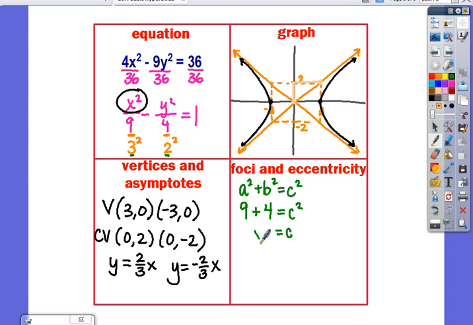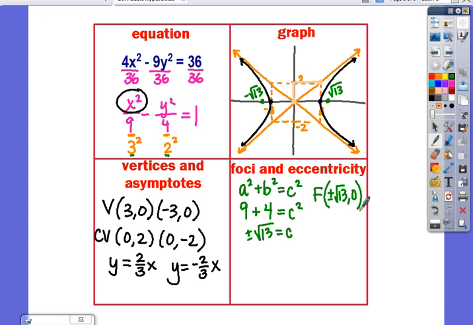C is going to be the square root of 13, which is 3 point something. So you're going to go from your center, 3 point something, and 3 point something to get out to your square root of 13. So your foci are at plus or minus the square root of 13, 0.